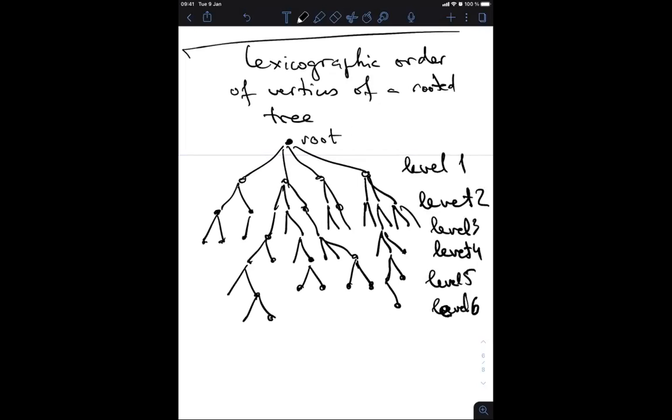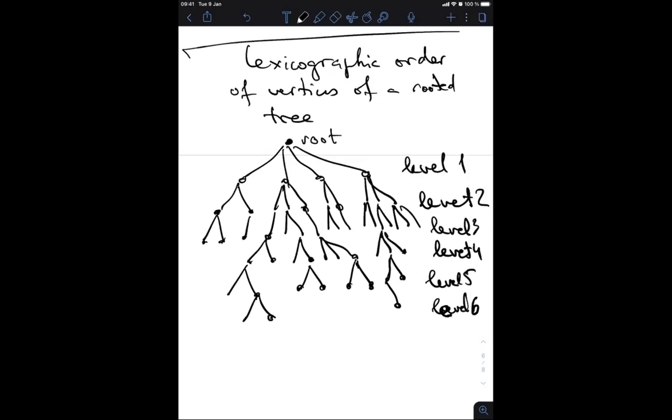No, it would be a complete order. So we'll say which vertex is smaller than which. The lexicographic order is not uniquely defined, but there is some degree of freedom in this, you'll see.